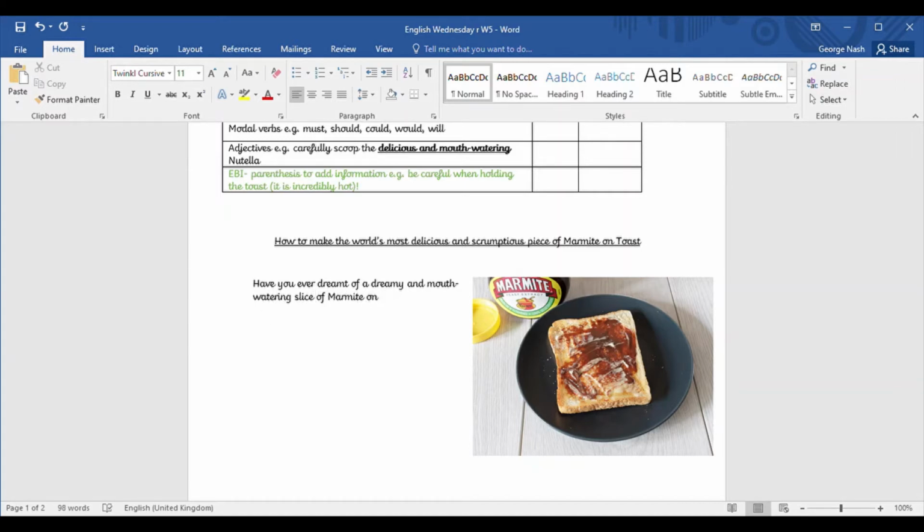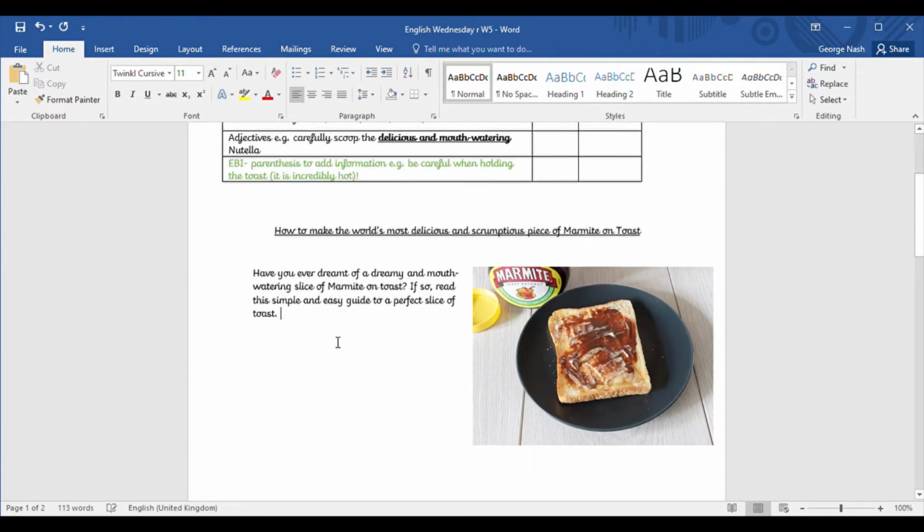Oops, well, there was no need for a capital T. Question mark. If so, read on or read this simple and easy guide to a perfect slice of toast. Full stop. Have you ever dreamt of a dreamy and mouth-watering slice of Marmite toast? If so, read this simple and easy guide to a perfect slice of toast.